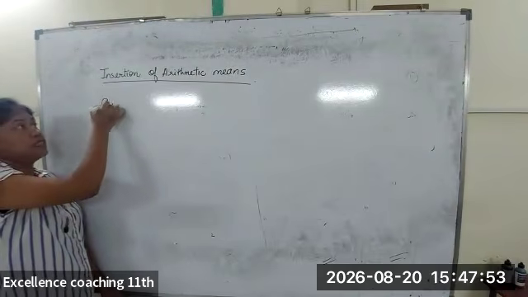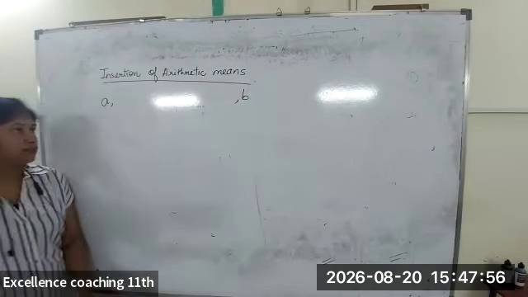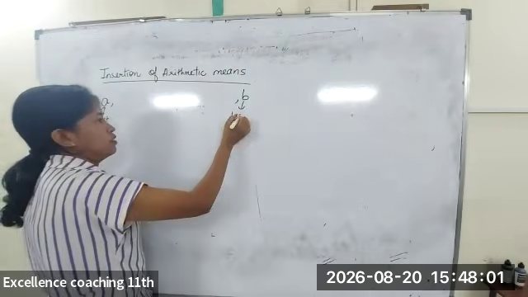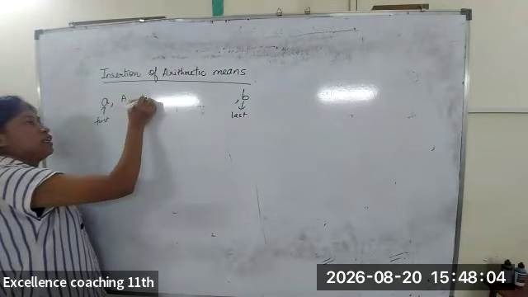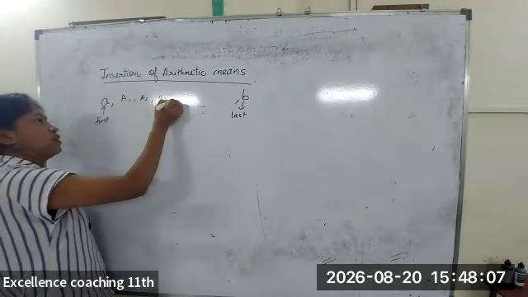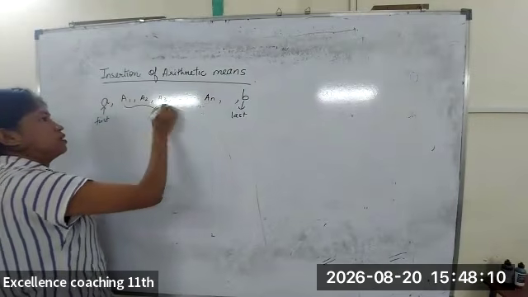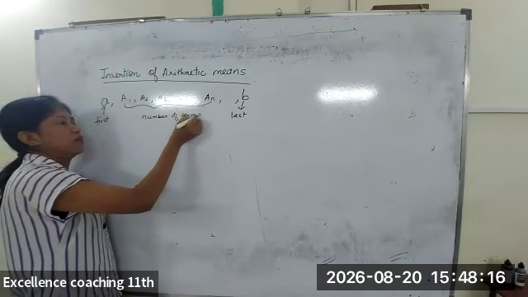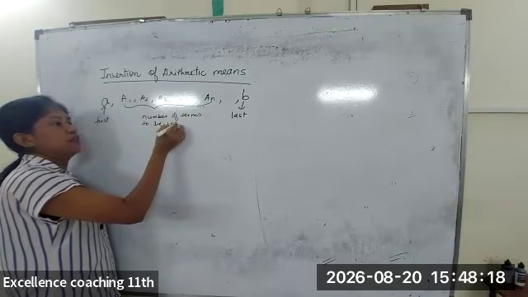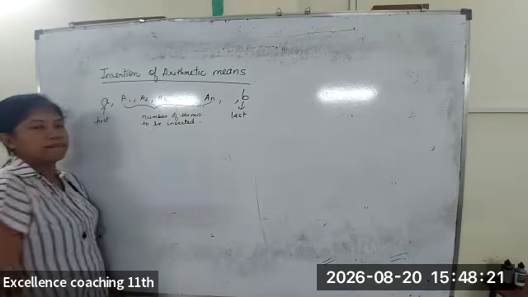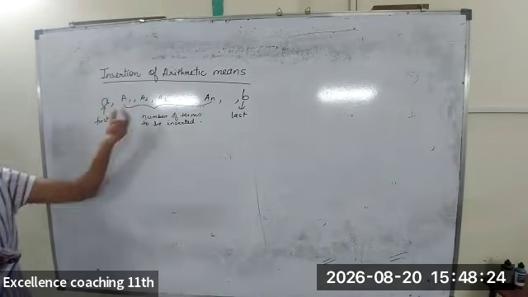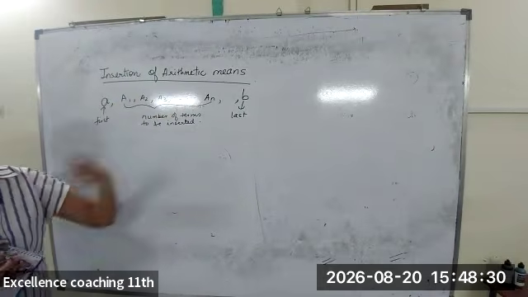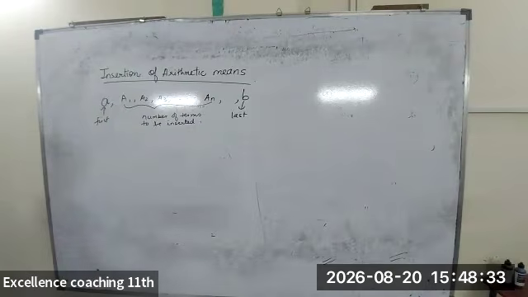The first is considered as A, the last number is considered as B, and the middle numbers are considered A1, A2, A3. If they tell you insert 5 terms, then A1, A2, A3, A4, A5 you have to write. If they say insert 10 terms, you have to insert up till A10.